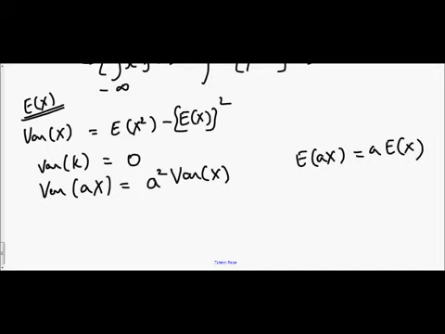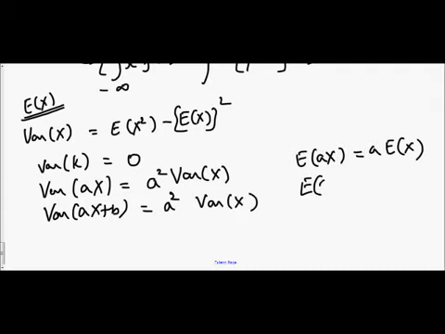But here it is a² variance of x. And the variance of ax + b would be a² variance of x. In the case of expected value, ax + b gave a E(x) + b, right? So you can see that it's a² variance of x in the case of variance.